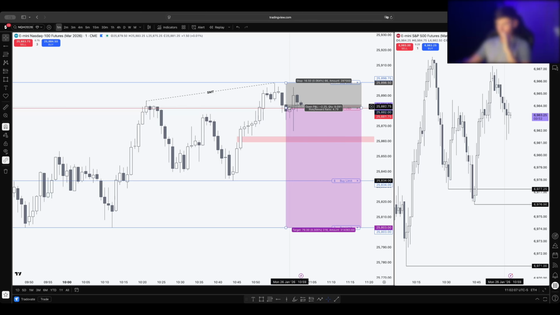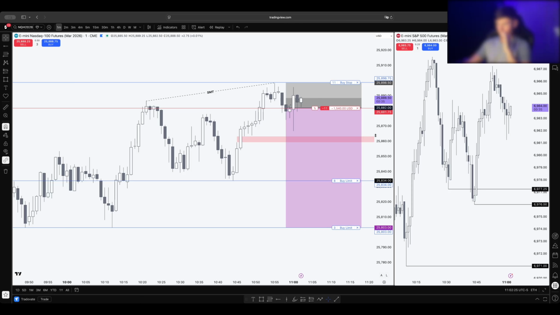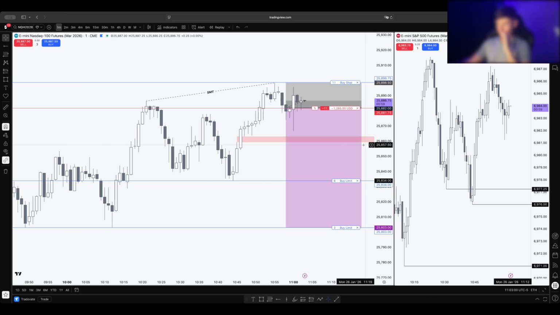Okay, I want to see displacements to the downside after mitigating that gap. Okay, let's see.